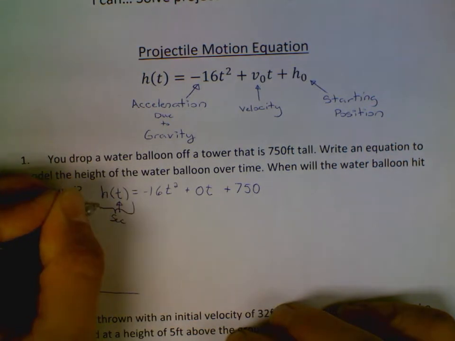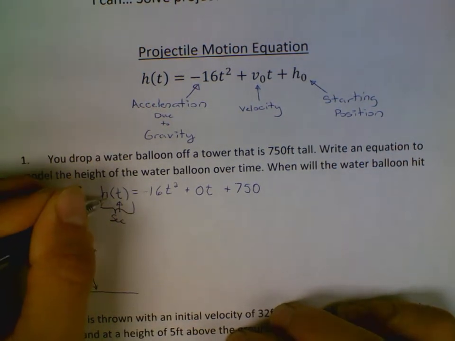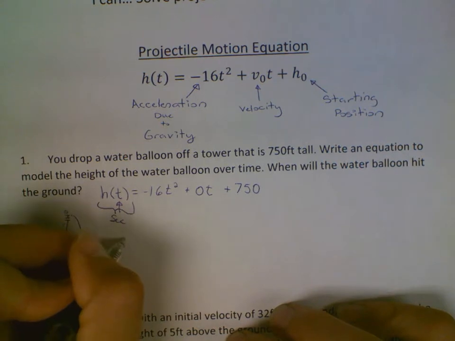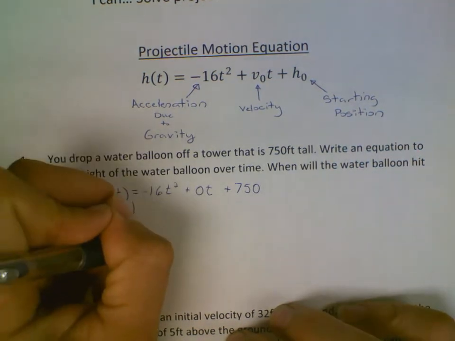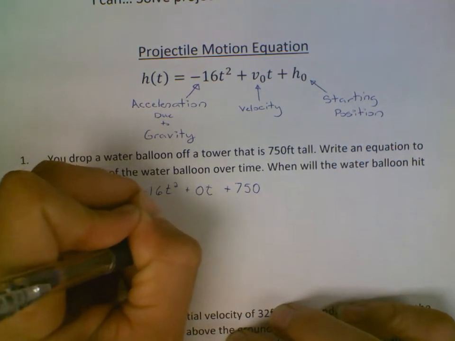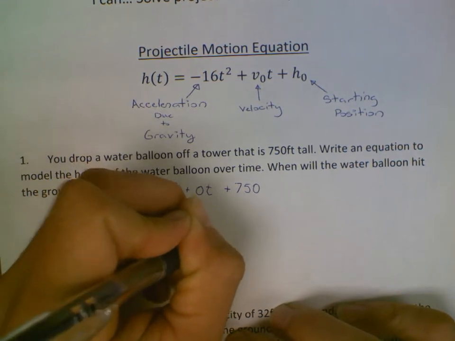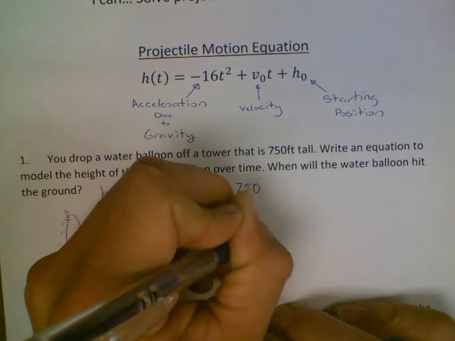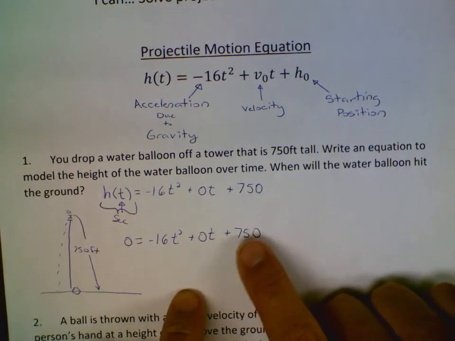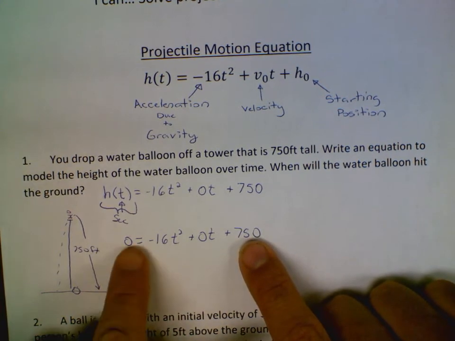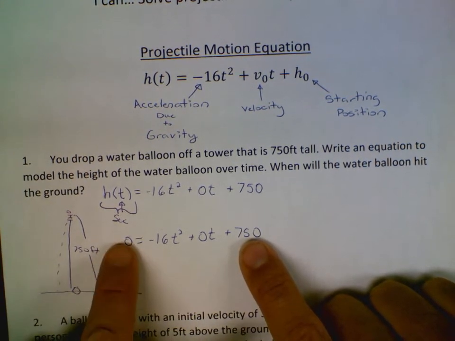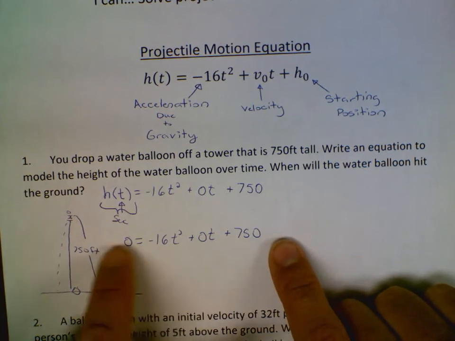This piece, our height here, is 0 when it hits the ground. So we're going to write it as 0 equals negative 16t squared plus 0t plus 750. Our initial height was 750, but our ending height we know when it hits the ground is going to be 0. So this equation is going to be equal to 0.